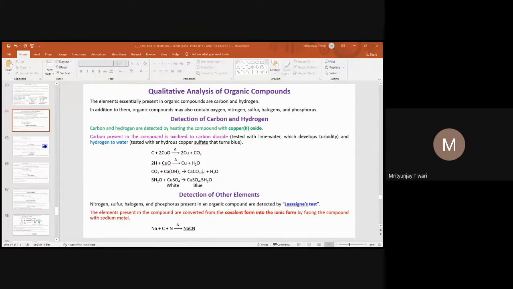You take this mixture and add enough NaOH, and ammonia gas will be produced. The ammonium sulfate will now be converted into ammonia gas. You can see the reaction here. The organic compound is first heated in the presence of H2SO4, forming ammonium sulfate. Now ammonium sulfate, when heated in excess NaOH, forms sodium sulfate plus ammonia plus water.